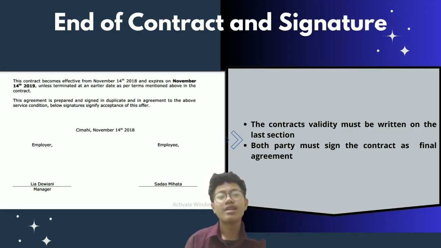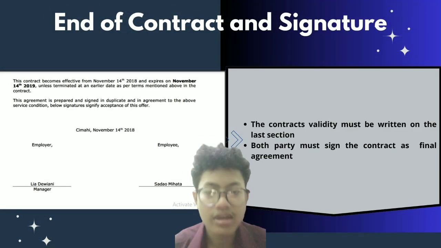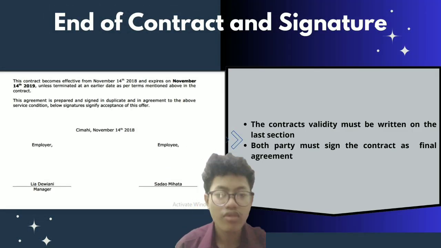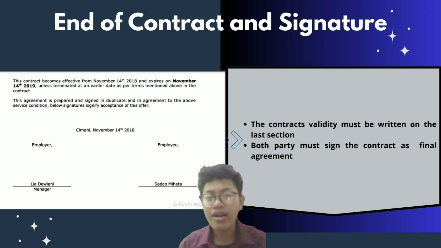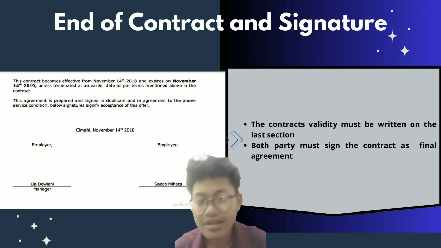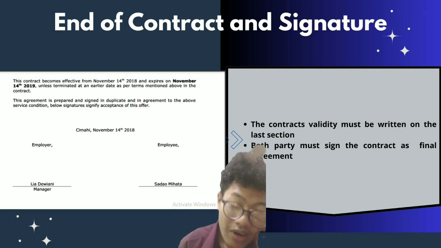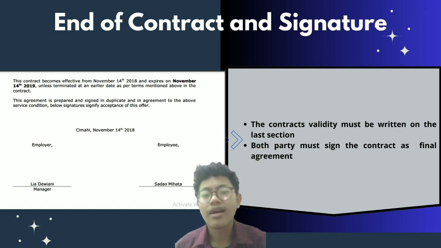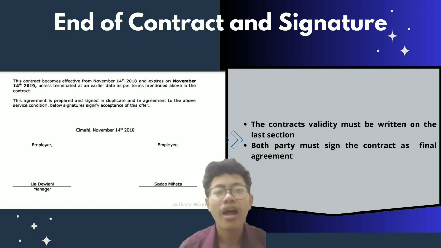We move to the last section of the contract. In the last section, the contract must be signed for the validity of the contract, with the signatures of both parties as the final agreement.